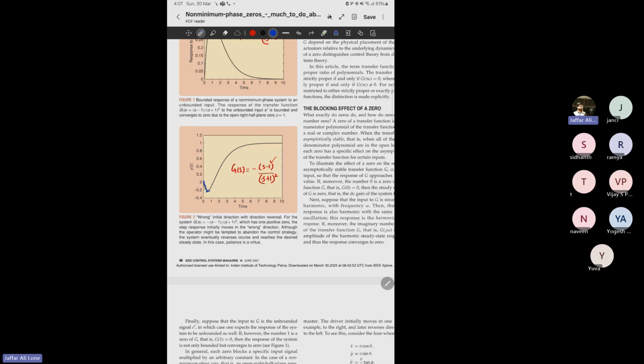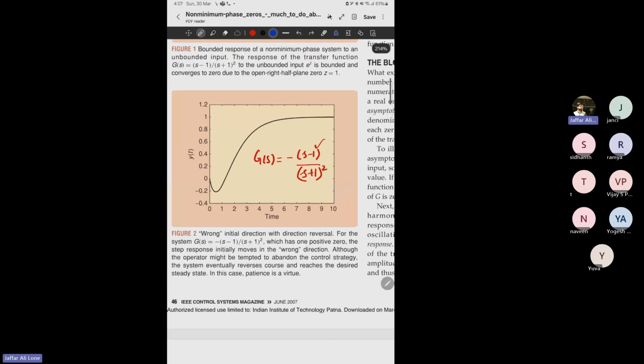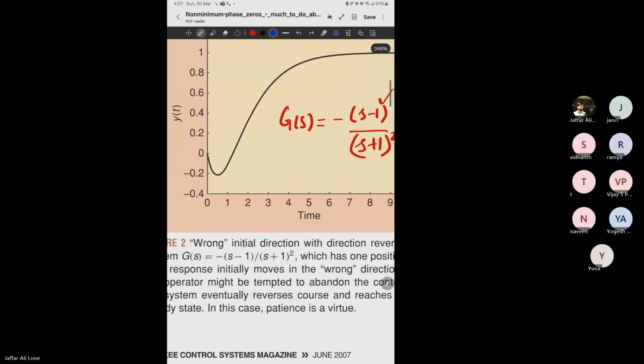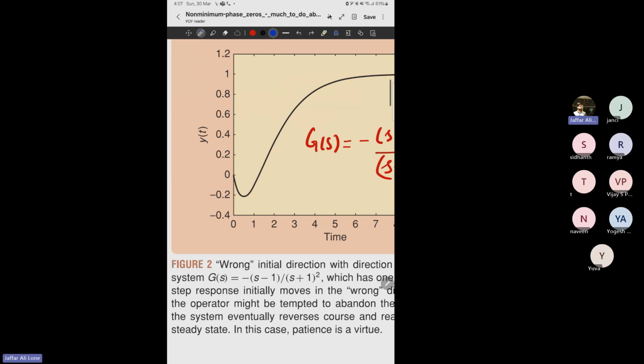Now see one thing. If you can see the screen, it started from 0, then went down in the wrong direction, then here it crossed zero, right? This is called zero crossing.